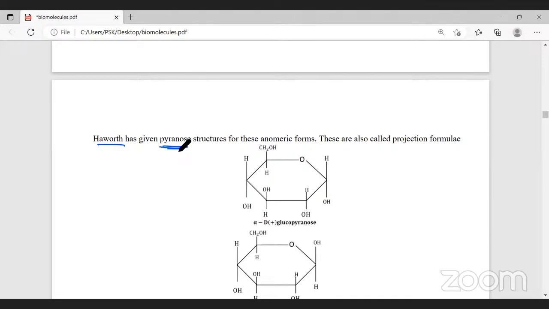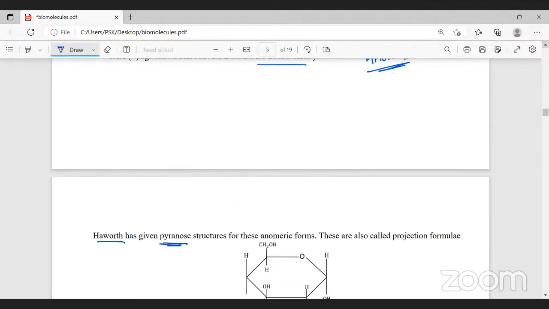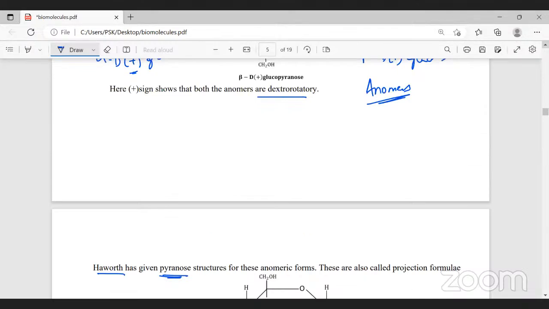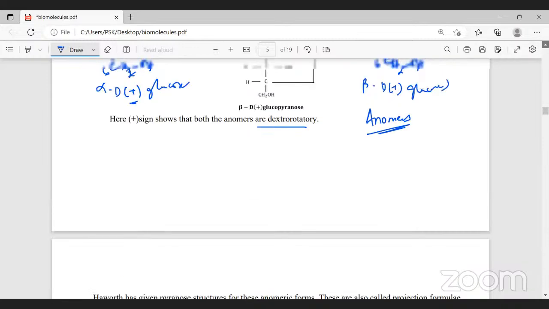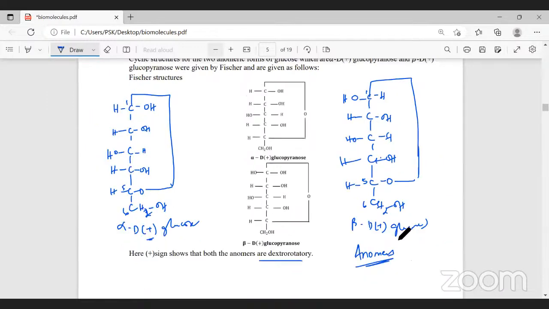Why we call it a pyranose ring structure is because pyran is a 6-membered ring. Since glucose contains 6 carbon atoms, it will have a 6-membered ring. Therefore, it is called pyranose. OSE stands for sugar, I told you, or glucose with sweetness, sugar.